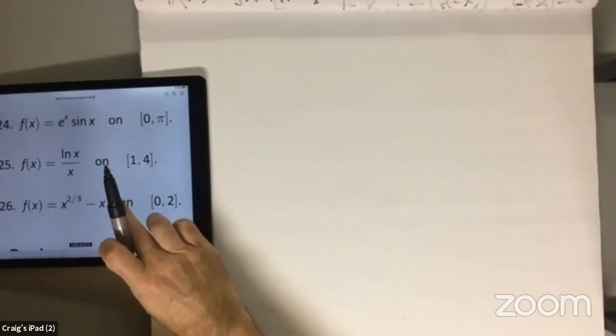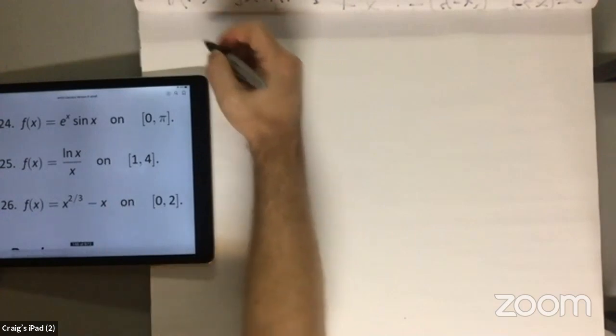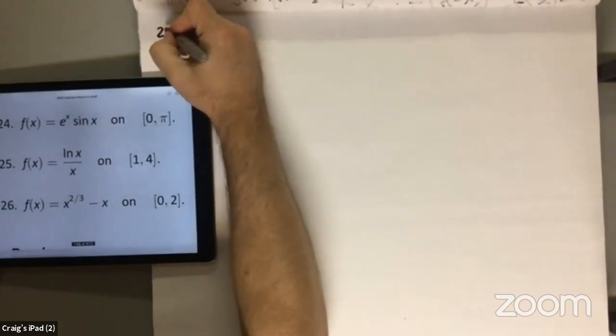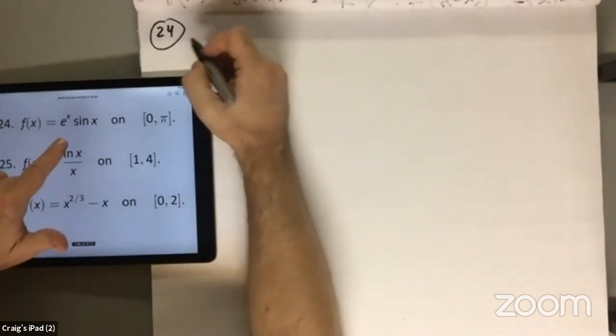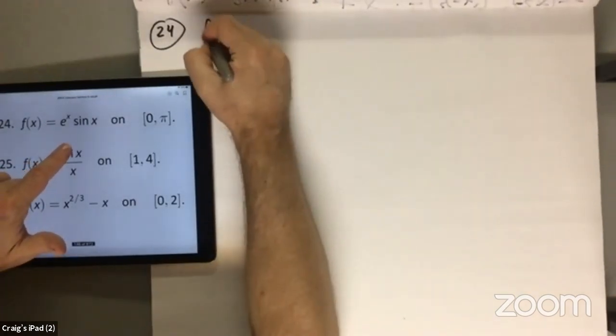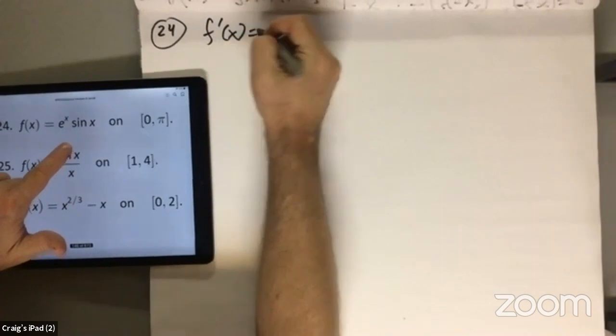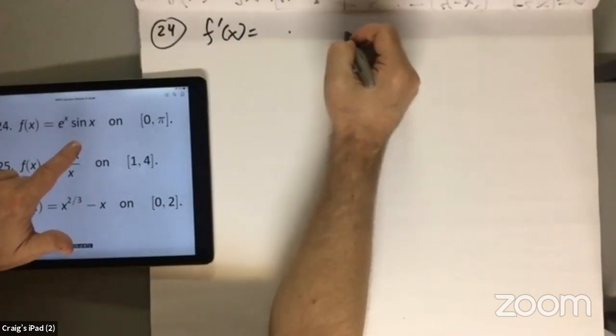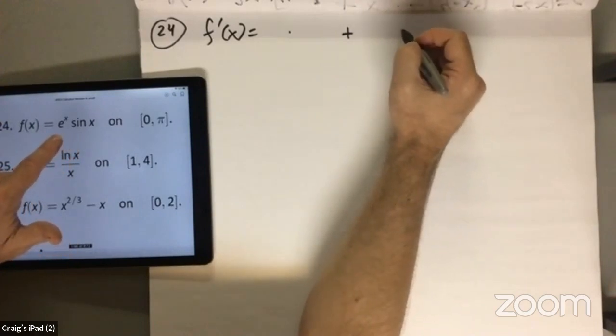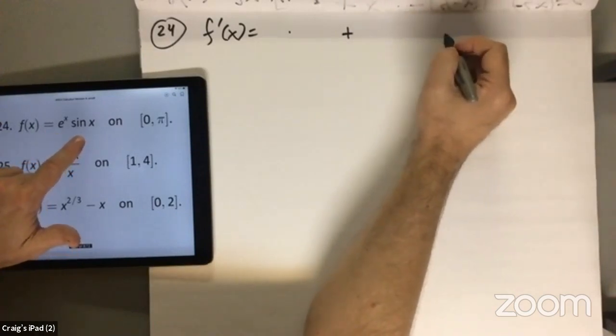So here's our function, e to the x times sine of x. Again, I'm going to use a product rule on this one. When I differentiate this, I differentiate the first one, leave the second one alone, plus I leave the first one alone and differentiate the second one.